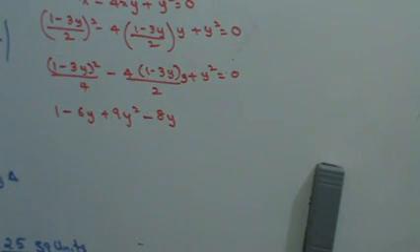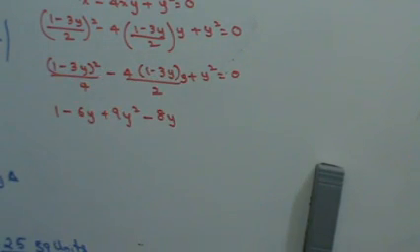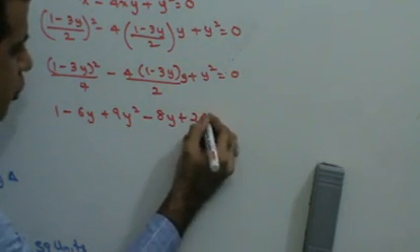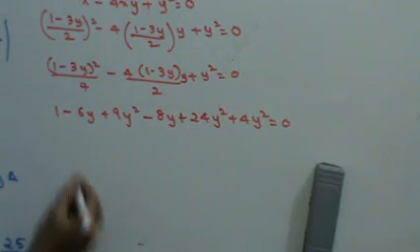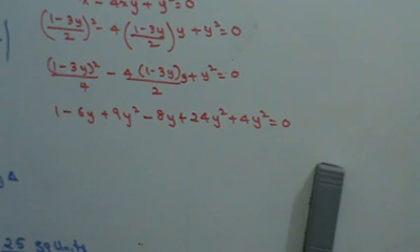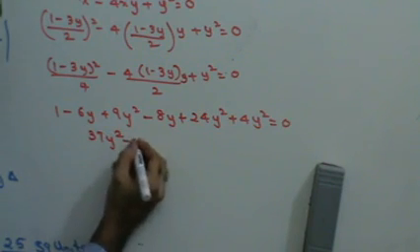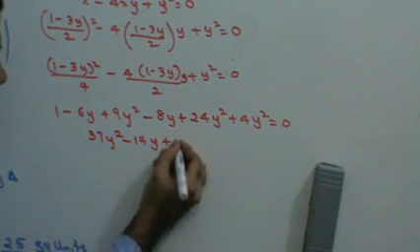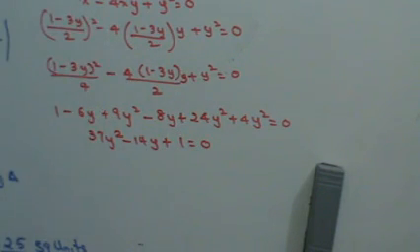The common denominator 2 has been converted into 4. 8y into 3, minus into minus, is plus 24y square, plus 4y square is 0. So I will get 24 plus 4, 28, 28 plus 9, 37y square minus 14y plus 1 is equal to 0. This is a quadratic in y.